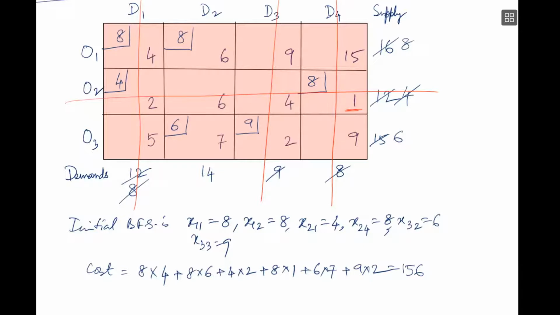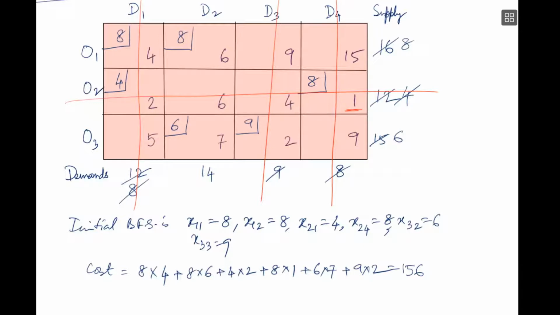So we may expect that this may be the optimal solution, but to be confirmed whether it is the optimal solution or not, we have to find the net evaluations as earlier, but we are not doing it.